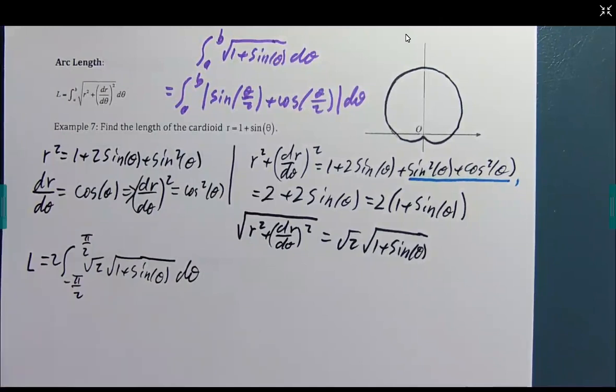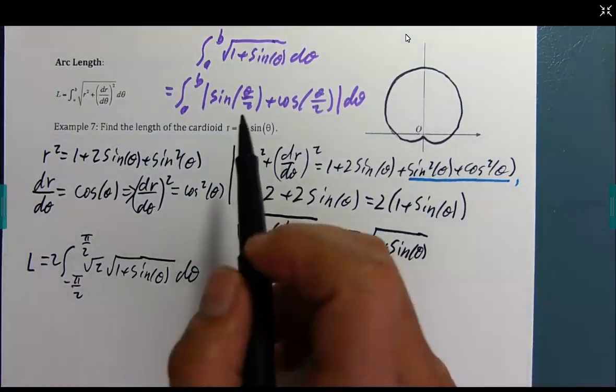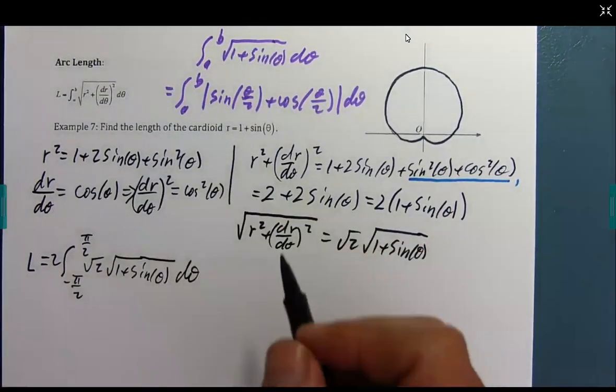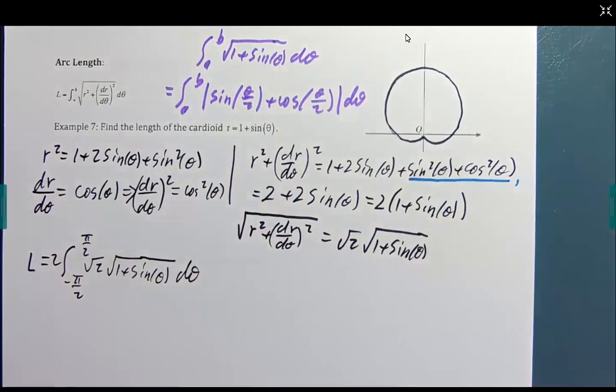All right. Now I'm going to use my transformation up here. Now here's the good news. From negative pi over 2 to pi over 2, the absolute value becomes unnecessary.